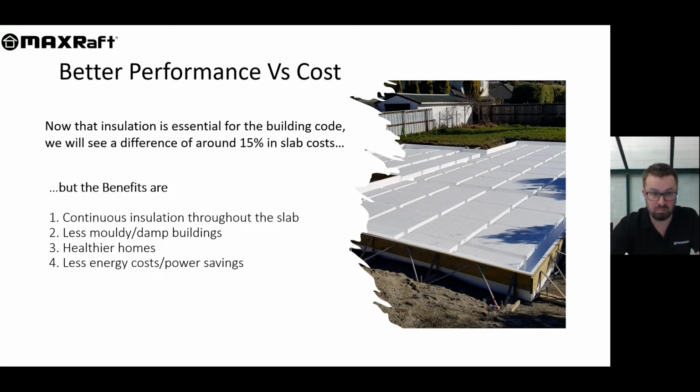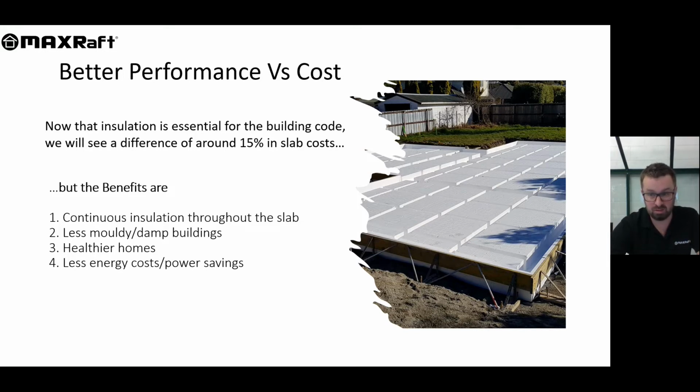However, it's important to note that with the new code, when you specify a product like a MAXRaft, you're getting continuous insulation throughout the slab. With a standard raft pod floor or plastic pod floor, you're not getting insulation. There's typically no insulation in the ribs, in the thickenings, or around the perimeter. You're getting a void former that might just be 98% air, and you have thermal bridging and heat loss throughout the slab.